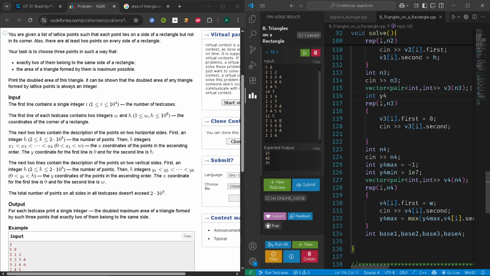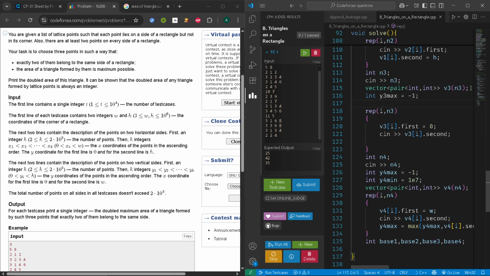and y3 max equal to -1, y4 max is equal to 1e7, and then y3 max.